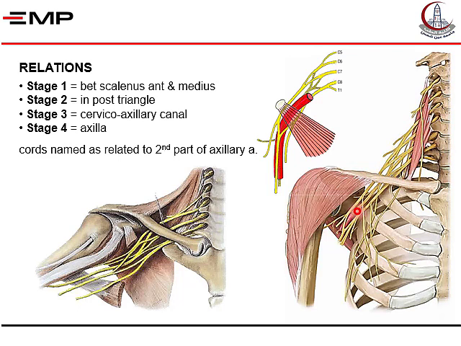The last 2 stages, the cords and the branches, lie in the axilla in relation to the second part of the axillary artery. They are related to the axillary artery in the same way as their names tell. That is to say, the lateral cord is lateral to the artery, the medial cord is medial to the artery, and the posterior cord is posterior to the artery.